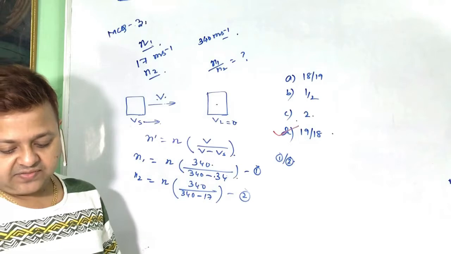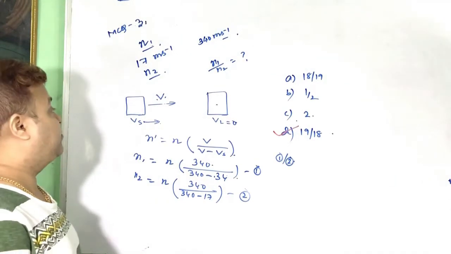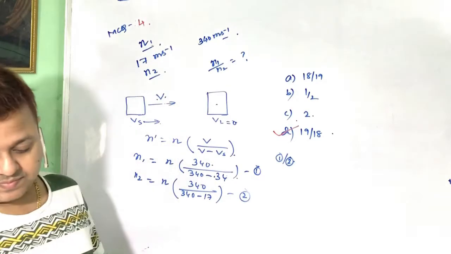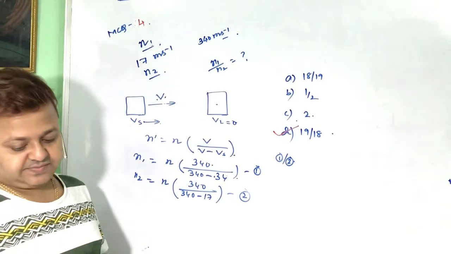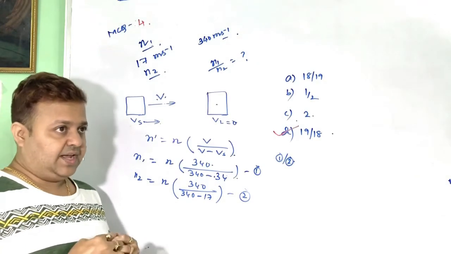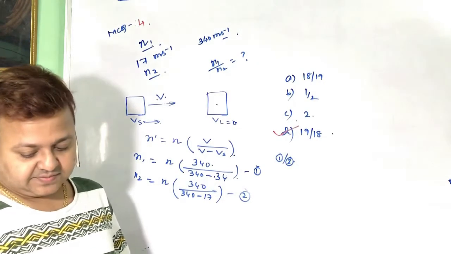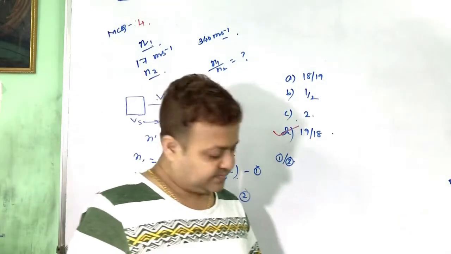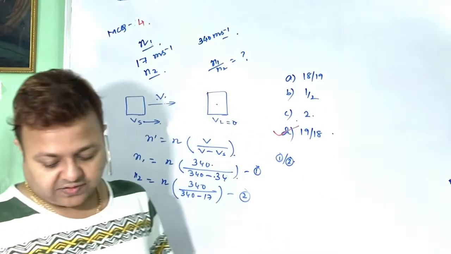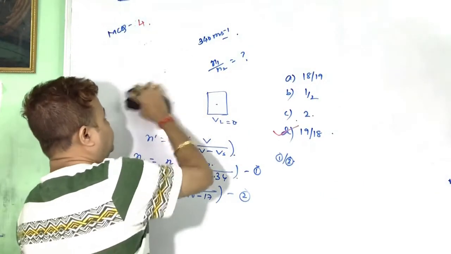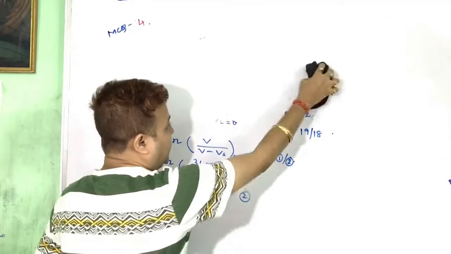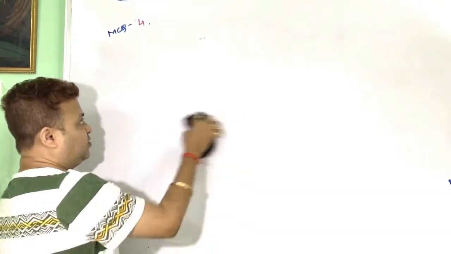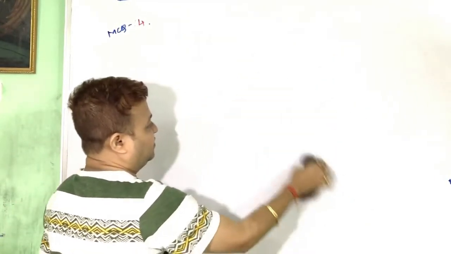Next, number 4. An open pipe has a fundamental frequency of 300 Hz. The first overtone of the open pipe is the same as the first overtone of the closed pipe.